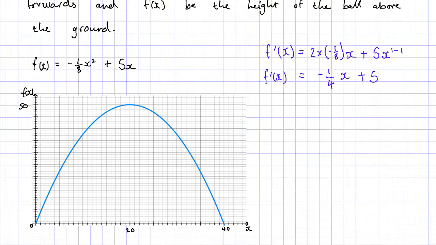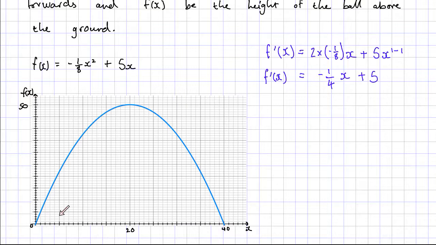Now, when I'm differentiating, this is supposed to give me the gradient. So this actually gives me the gradient when I put in a value for x. Okay, so let's say, for example, when the ball has traveled 4 meters away, what's the rate of change in terms of how high it's going with respect to how far forward it's traveled?